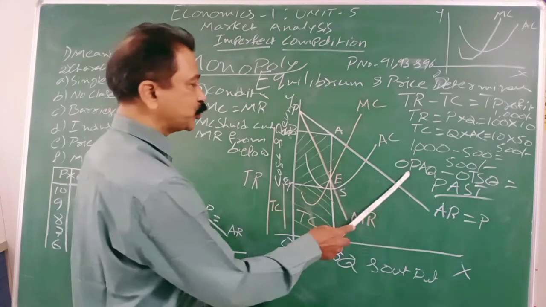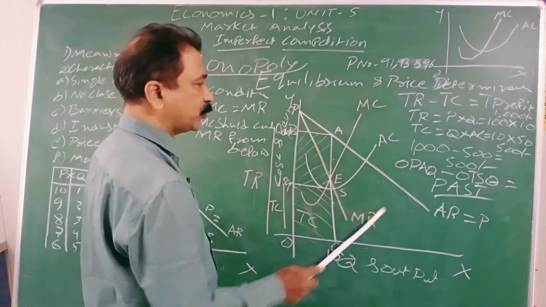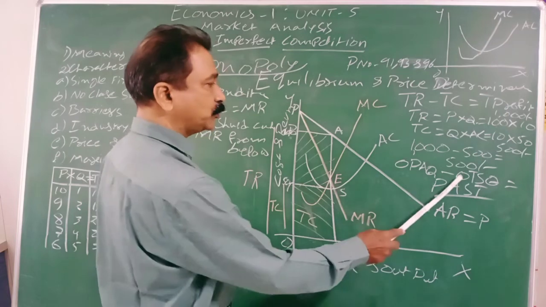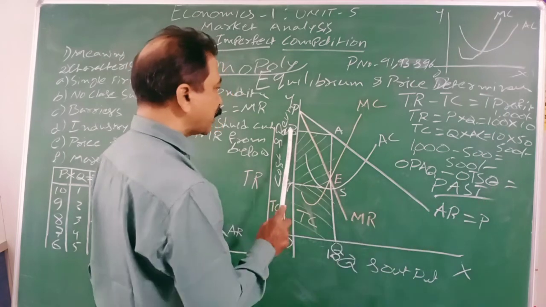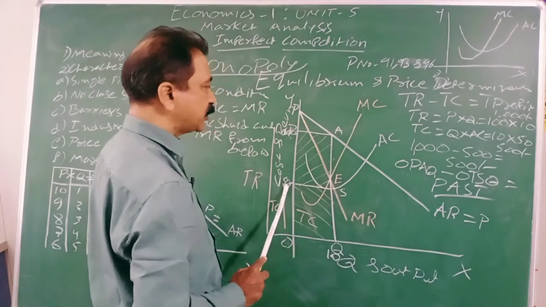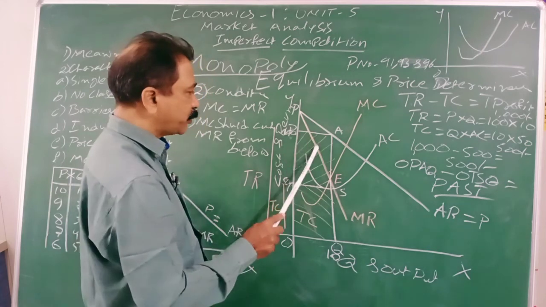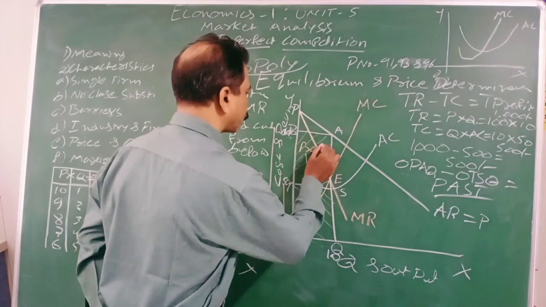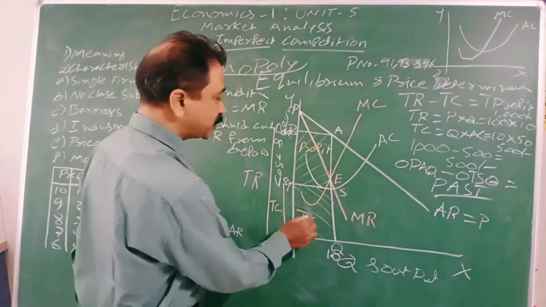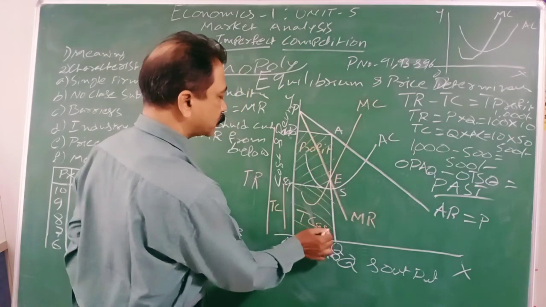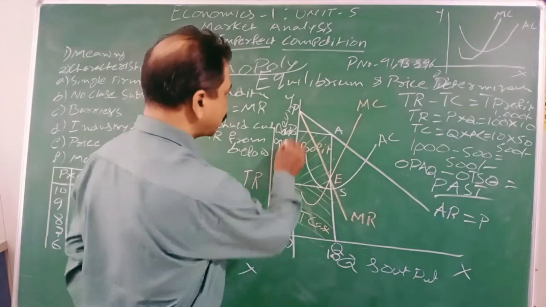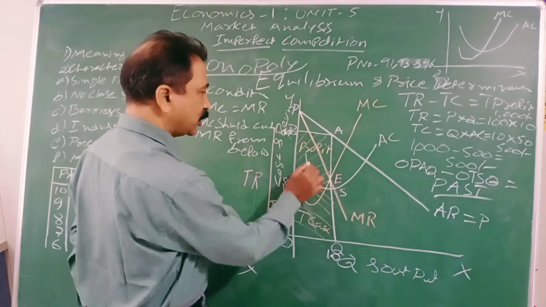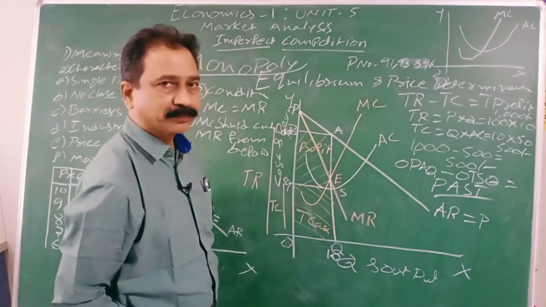Okay, here we have shown that OPAQ minus OTSQ is equal to PAST, which is the profit. This is the profit. This is total cost. This is total revenue. Total revenue minus total cost leaves total profit.